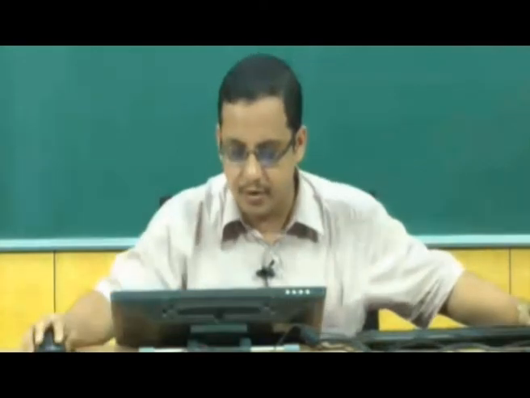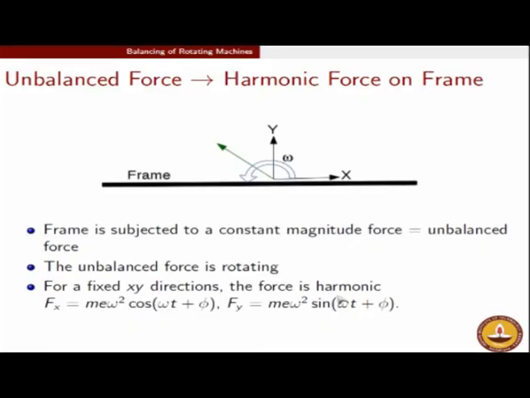But due to operational issues, this centrifugal force will kick in, and despite having constant magnitude, the component of the centrifugal force in a particular direction will keep fluctuating, and that is exactly what we refer to as the unbalanced force.